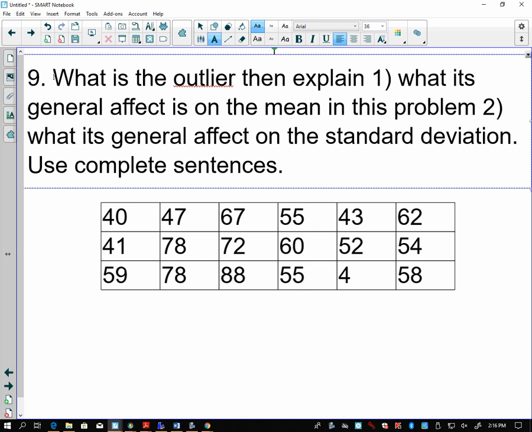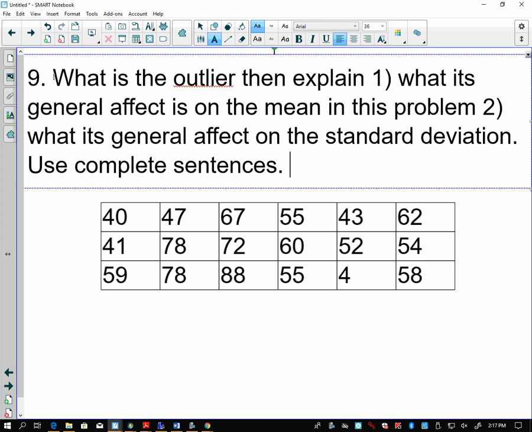So that's 1 and 2, right? Really there's 3 parts, and I should have said 1, 2, 3. The third part is, what does the outlier in any set of data do to the standard deviation? Does anybody know? What does it do?